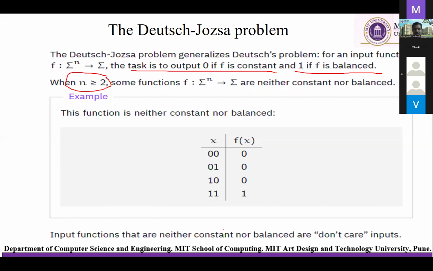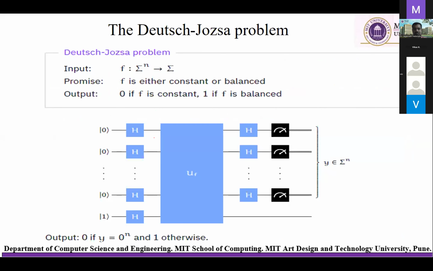So input functions that are neither constant nor balanced are called don't care inputs. Suppose these are the different functions we are passing to that particular system, like 00, 01, 10, 11, we can imagine these as the input functions, and if it is neither constant nor balanced, then it is called a don't care input.